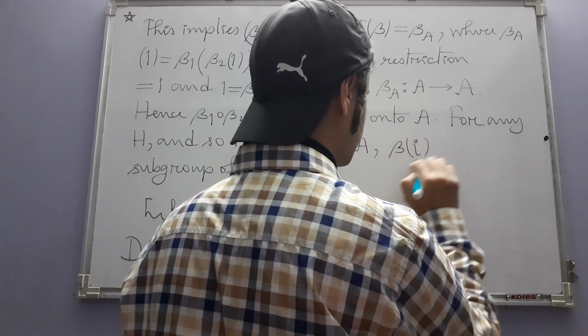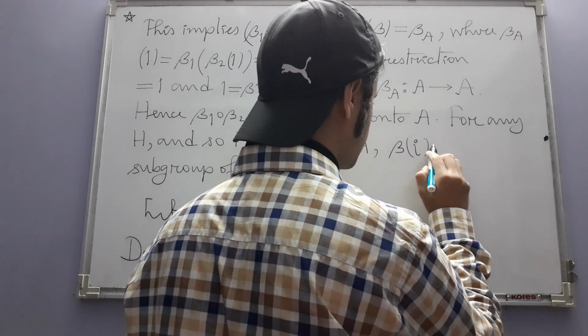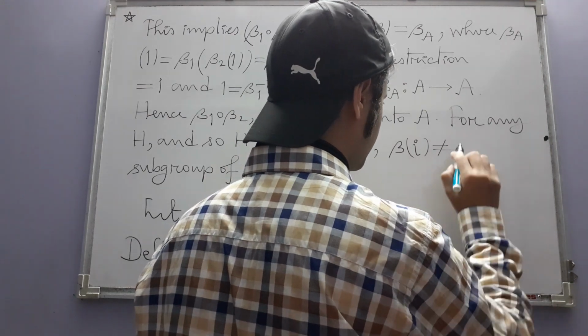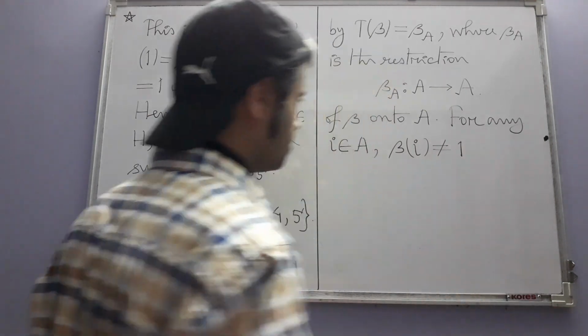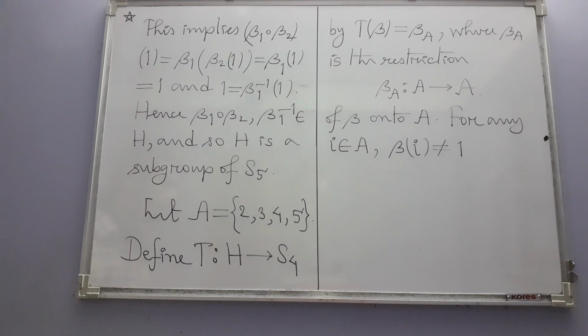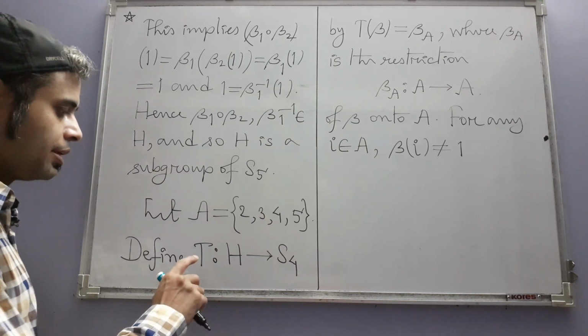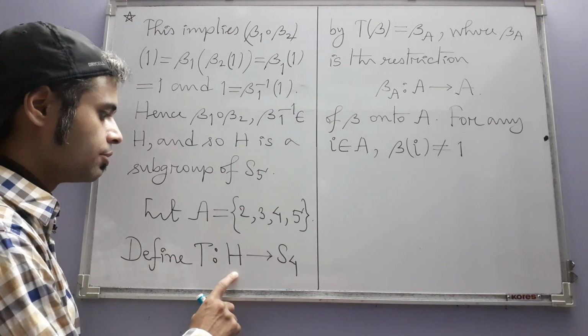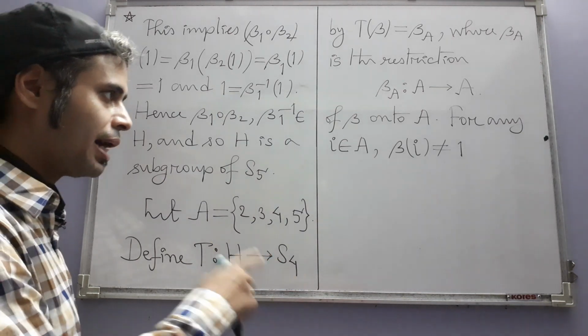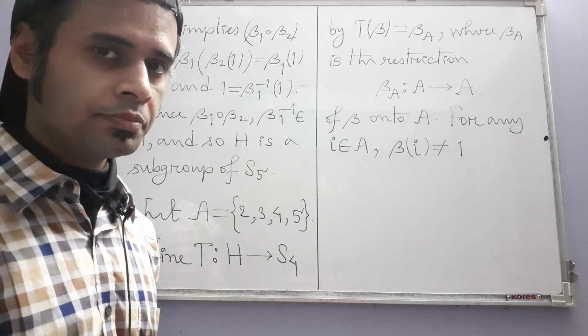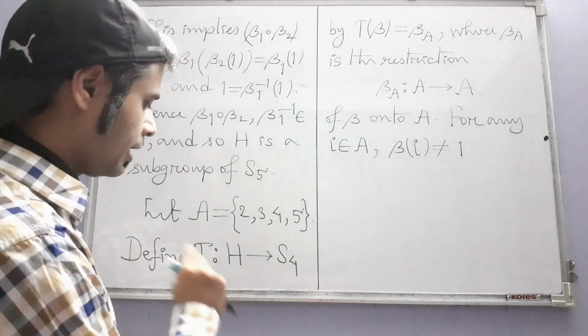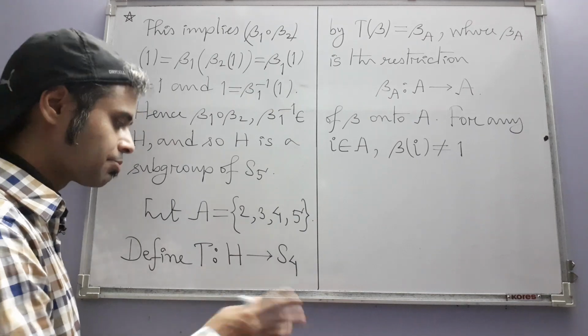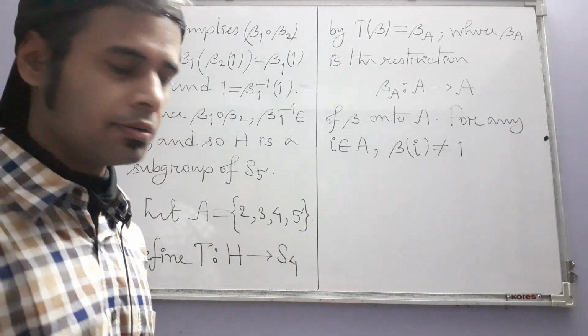Beta of i is not equal to 1. Why? That is because beta is coming from H, so beta of 1 is equal to 1, because that's what H is. H consists of those permutations that fix 1.